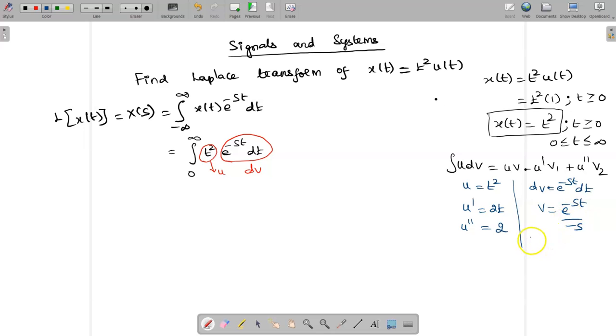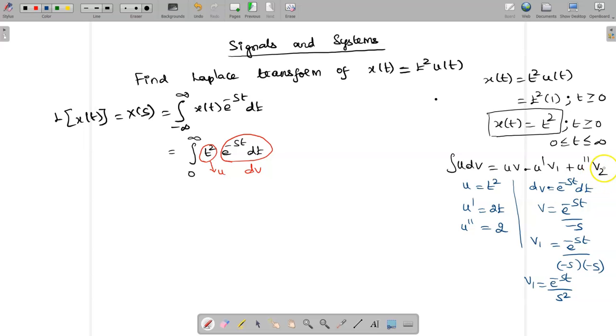Again we need to find out v1. v1 is given by integrating again this value. So, e power minus st, already we have one minus s, again we have one minus s. Again integration of e power minus st is e power minus st by minus s. Okay. So, v1 is nothing but e power minus st by s square.